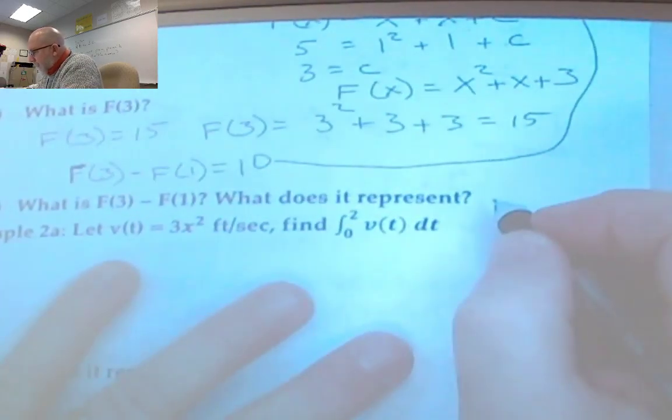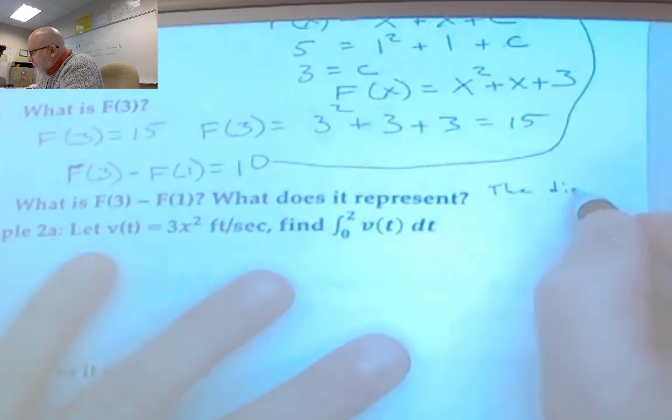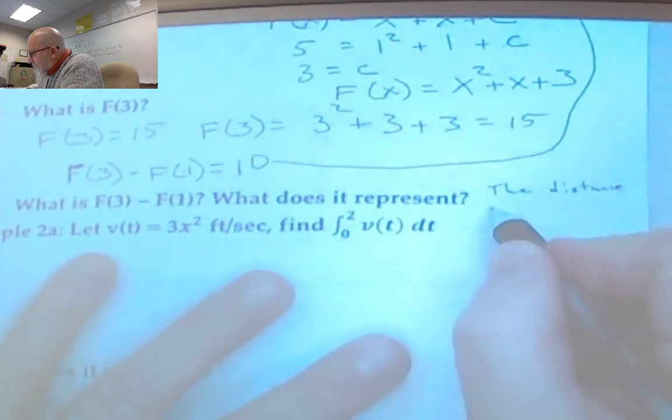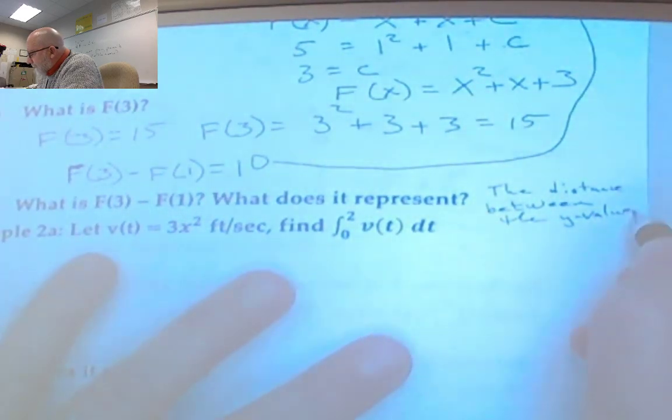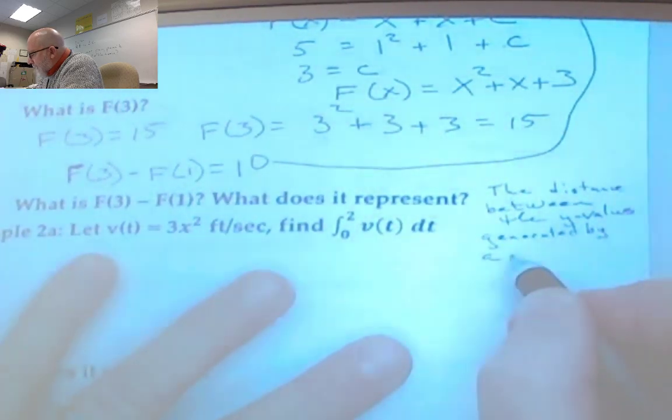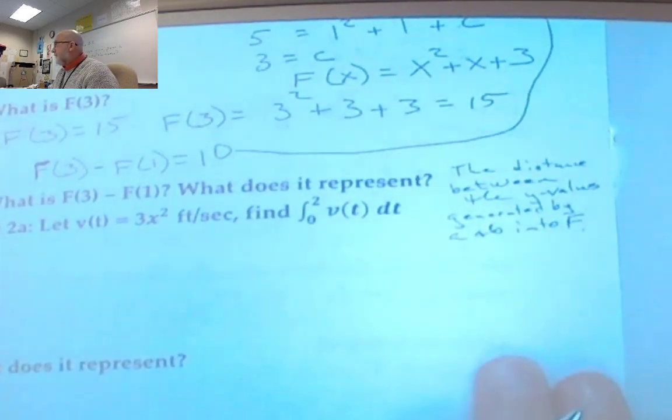So, what does it represent? The distance between the y values generated by A and B into F. Right?